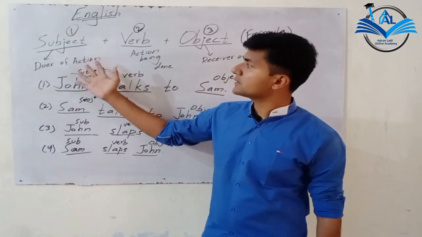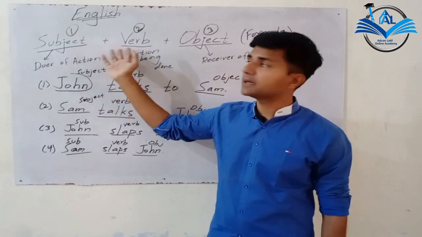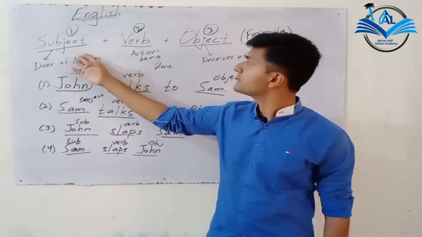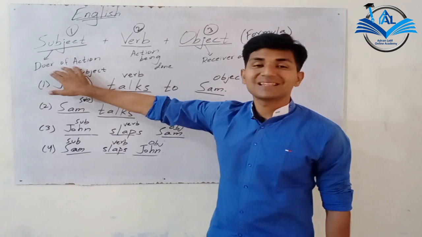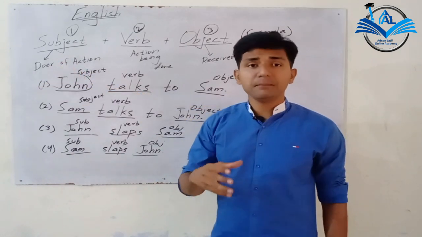So today we discussed the difference between subject, verb and object. What is the difference? Subject is the doer of action.